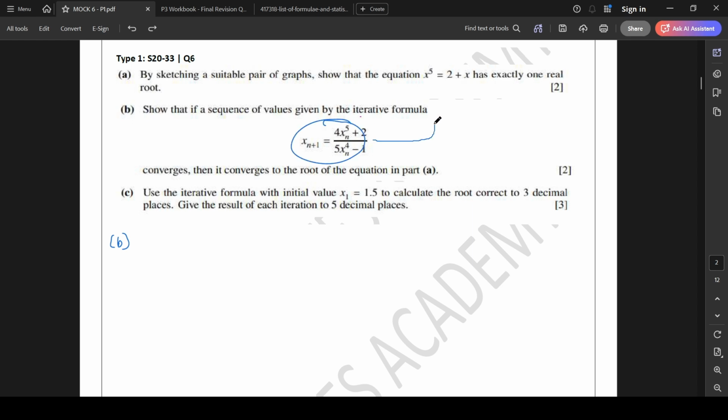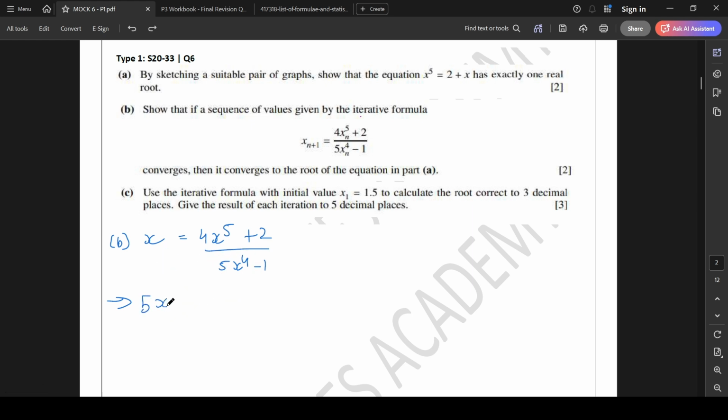I'll go from this step to this step over here. So if I multiply this over here, or let me just start by writing the formula as it is, by removing the subscripts. So x is equal to 4x to the power of 5 plus 2 divided by 5x to the power of 4 minus 1. Now I have to rearrange this into this format. So I'll multiply this over here.